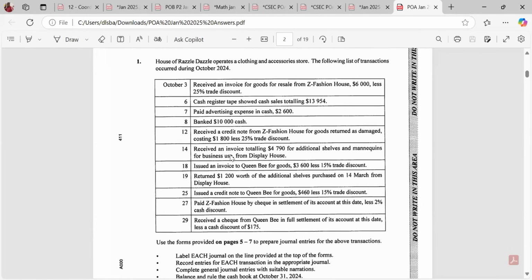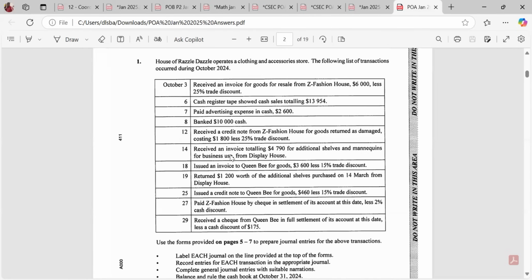All right, next one. Received an invoice. If you receive the invoice, are we buying something or selling? Right, we are buying something because when we purchase on credit, we will get the invoice. Very good. But pay attention to this one, right? I'm sure a few people get this one wrong.